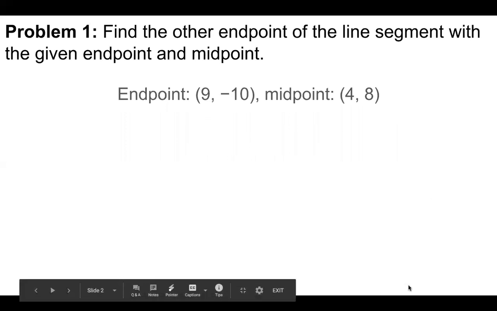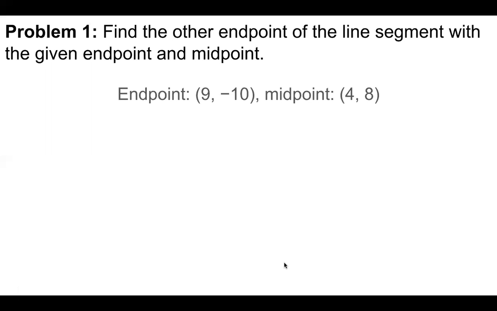In this question, the endpoint is 9, -10. The midpoint is 4, 8. And we're looking for the other endpoint. So basically what that means is we have this line, and normally we're given the points at the end of the line.